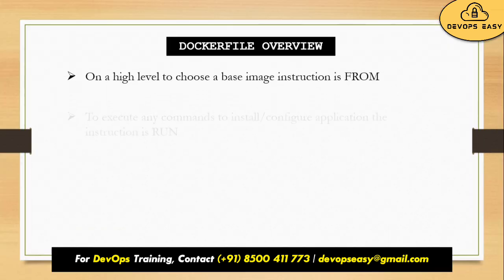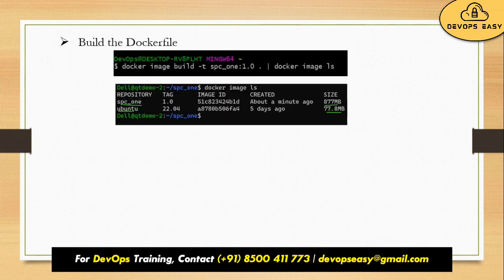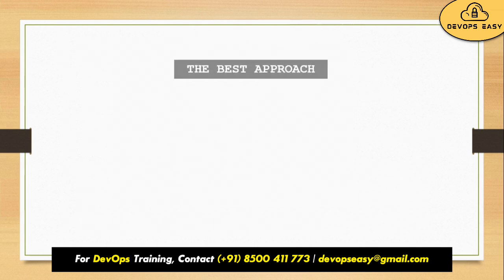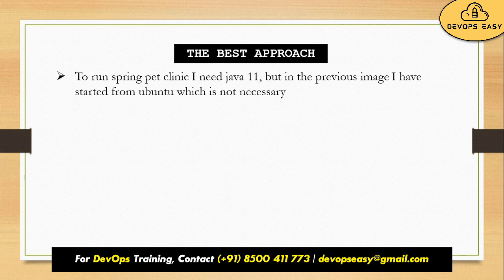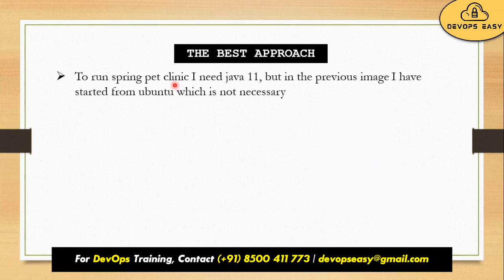So at a high level, these are what we have done right now to build the image and access the application. The best approach to run Spring Pet Clinic: I need Java 11, but in the previous image I started from Ubuntu, which is not necessary, right?